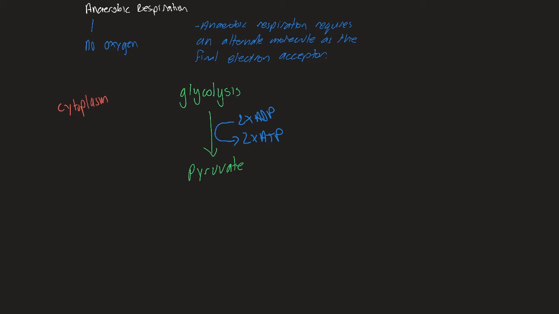Now, I mentioned that in anaerobic respiration we still need a final electron acceptor, and the reason for that is because high energy electrons are produced during glycolysis.